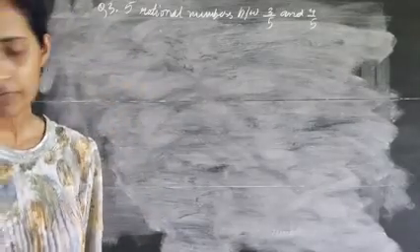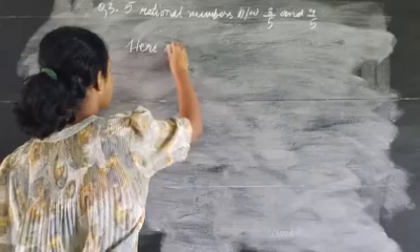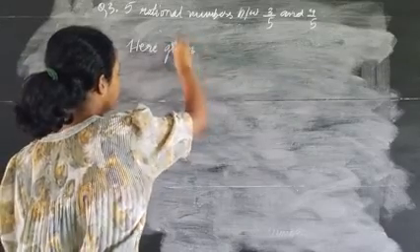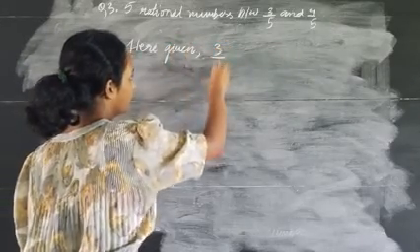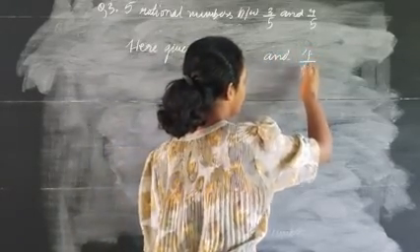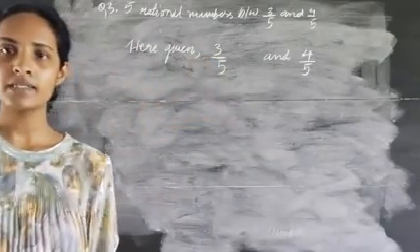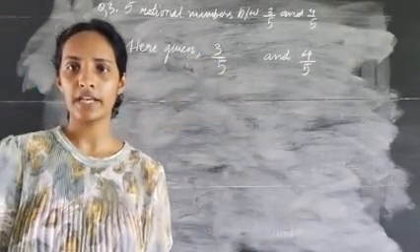Between 3 by 5 and 4 by 5. So the given numbers are... we look at the given numbers. What are the steps? We look at the given numbers, right?